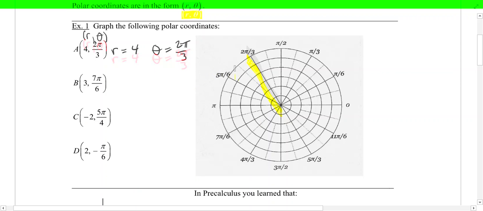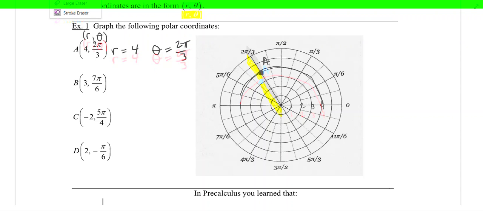And then there's a radius of 4, and we look at this, and it's not labeled. It should be labeled, but this is 1, 2, 3, 4. So this is 4. So the intersection, the point is where you have the radius of 4, and you have an angle of 2 pi over 3. So this is A. That wasn't too bad.